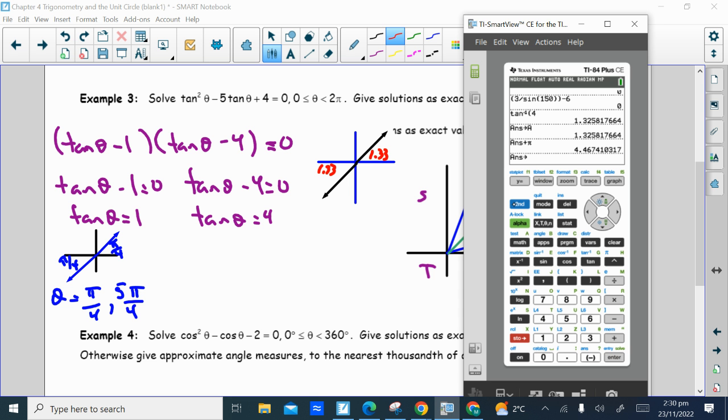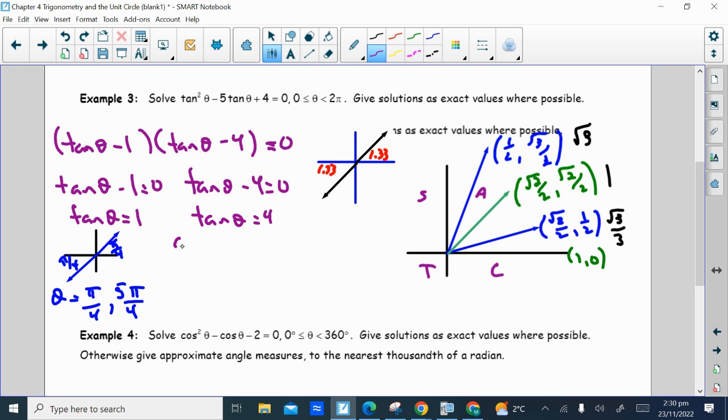But I'm going to store that one into memory slot B, again, so that when I check it, it's going to work. So my answers here are 1.33 radians and 4.47 radians. Remember, with radians, you don't need a unit.